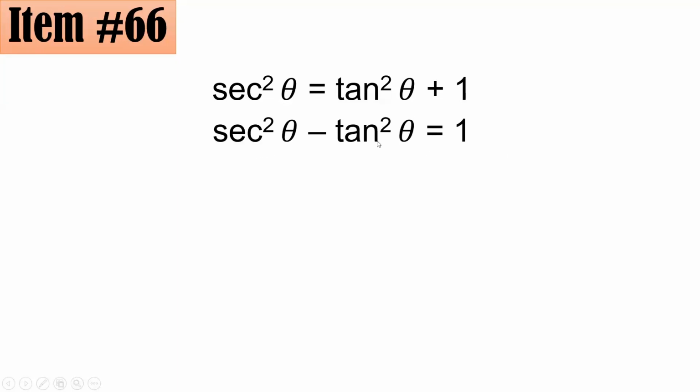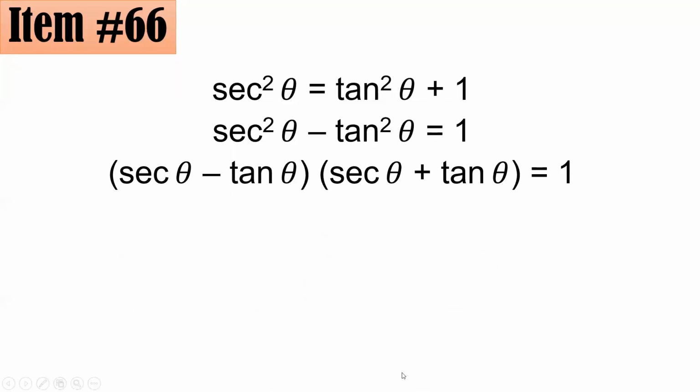Tangent squared theta is also a perfect square, right? So in general, secant squared theta minus tangent squared theta is in fact a difference of two squares. So anyone po, what is the factor of this? Secant theta minus tangent theta times secant theta plus tangent theta.